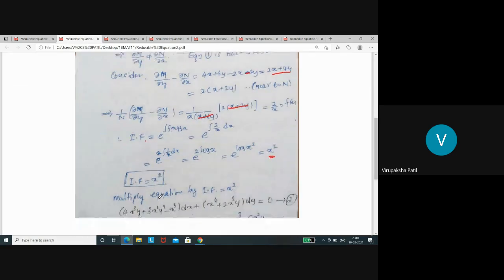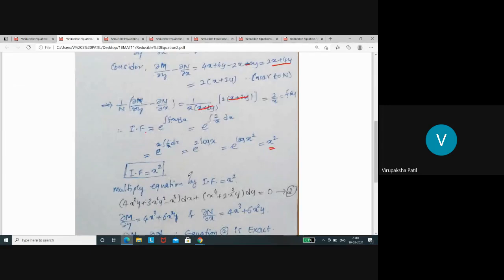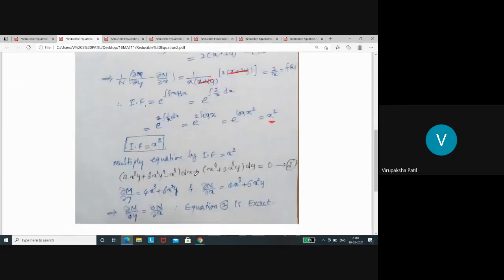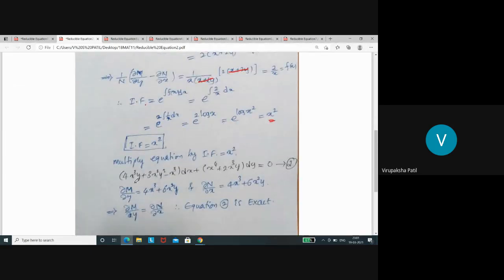Now multiply the given equation by x squared. If you multiply the given equation by x squared, what happens? The coefficient of dx becomes 4x cube y plus 3x square y square minus x cube, so minus x cube dx, plus the bracket x raised to 4 plus 2x cube y into dy.